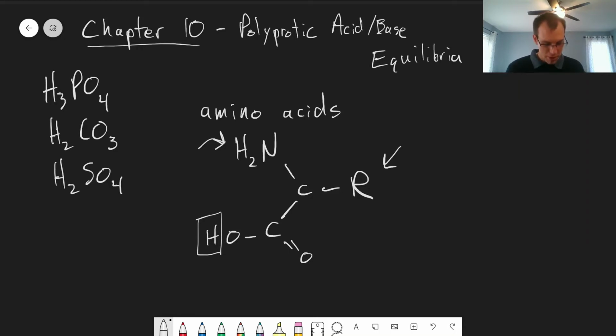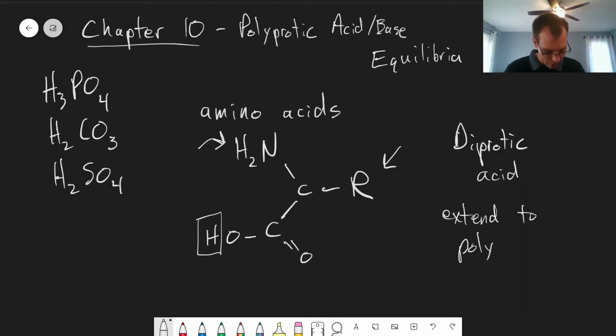So what we're going to do in this chapter to understand polyprotic acid-base equilibria, we'll start with the simplest case of a diprotic acid, and consider how we would find the pH values, similar to what we did for monoprotic species, and then we will extend to polyprotic, maybe a triprotic.